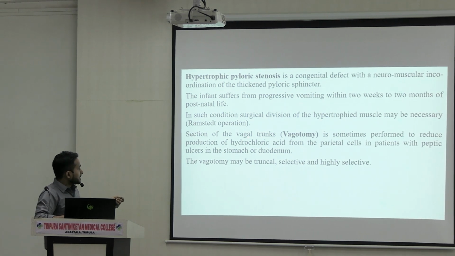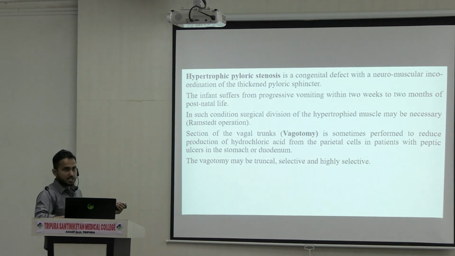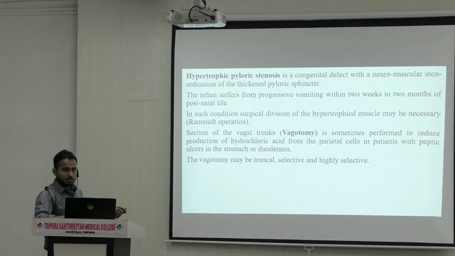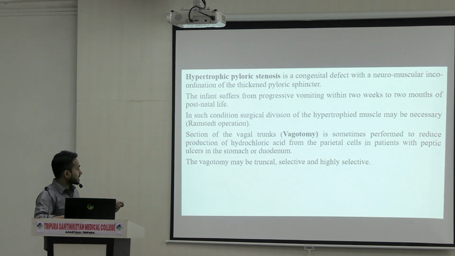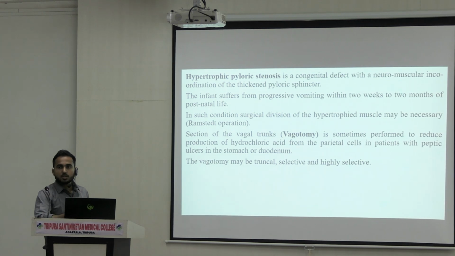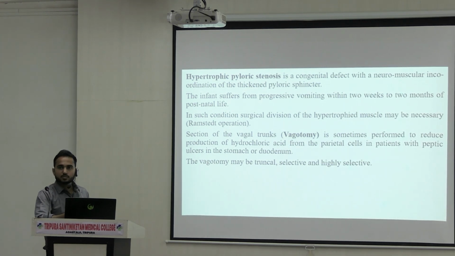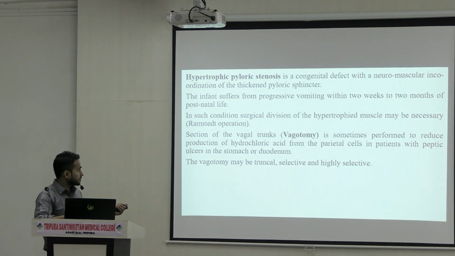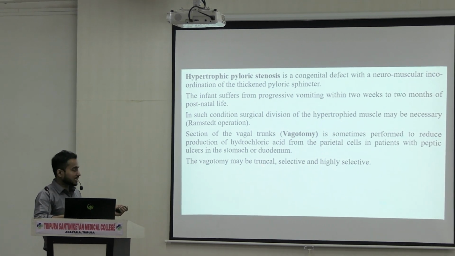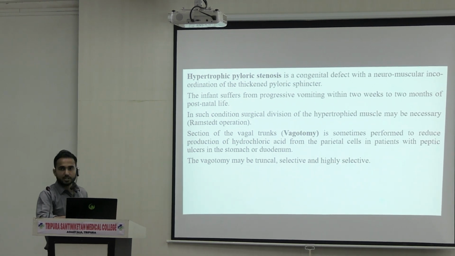Section of the vagal trunk, also called vagotomy, is performed to reduce the production of HCl from the parietal cells, in patients suffering from gastric ulcer or ulcer of the duodenum. In order to get faster healing, this particular surgery is done, and that is called vagotomy. The 3 types are truncal vagotomy, selective vagotomy and highly selective vagotomy.